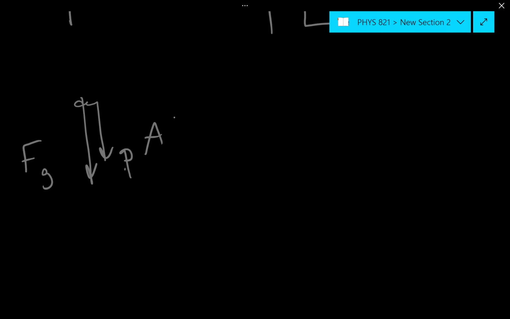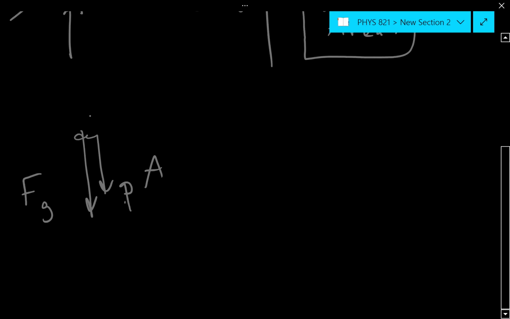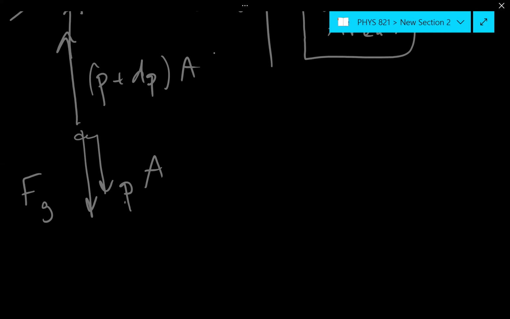And then from the fluid below it, we're going to have a force that's P plus dP times A. We don't know what the change in pressure is. We're using this derivation to try and justify the expression for how the pressure changes, so we're just writing it as P plus dP.